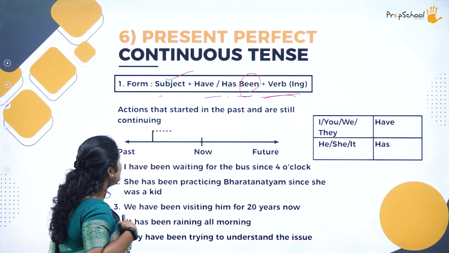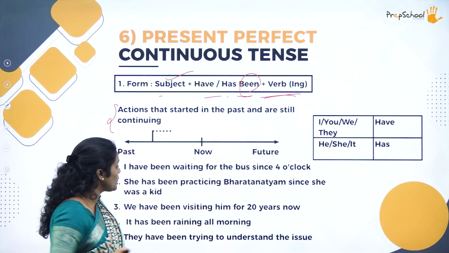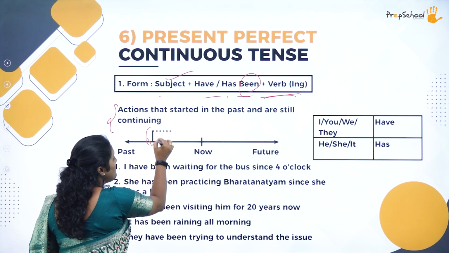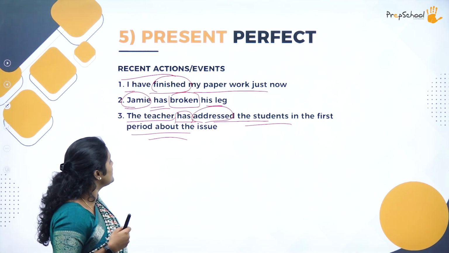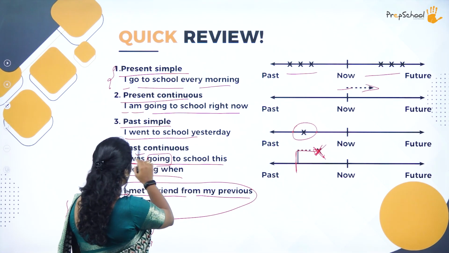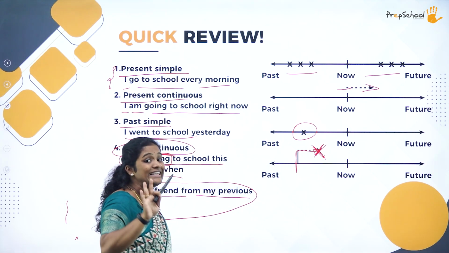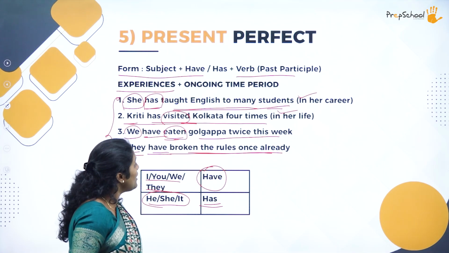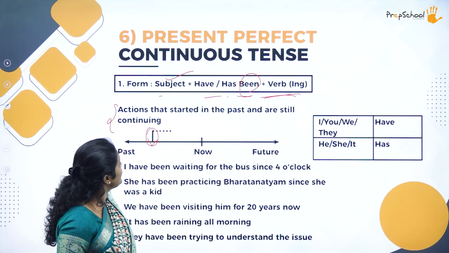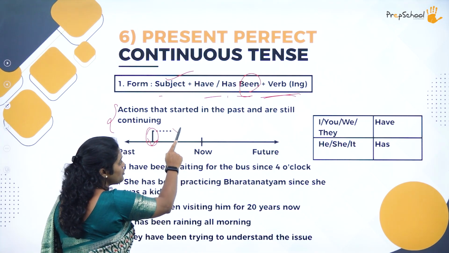Let's look at an example. You are talking about actions that are started in the past. Okay. The action has started in the past, but unlike in the slide that we saw earlier, here, the past continuous tense, we see that there is another action that interrupted it, isn't it? However, in the case of the present perfect continuous tense, there is no action that has stopped it though.